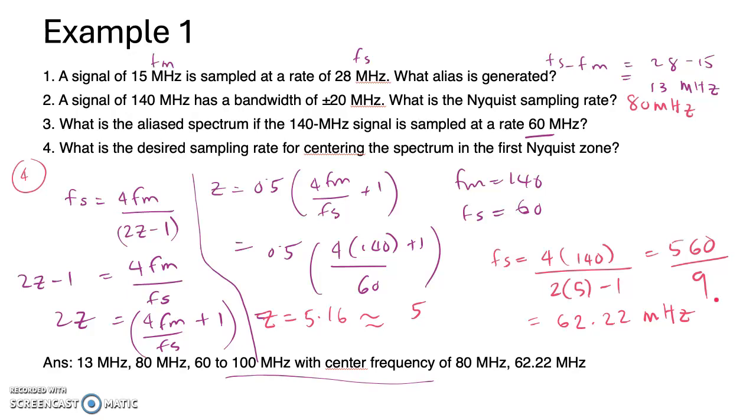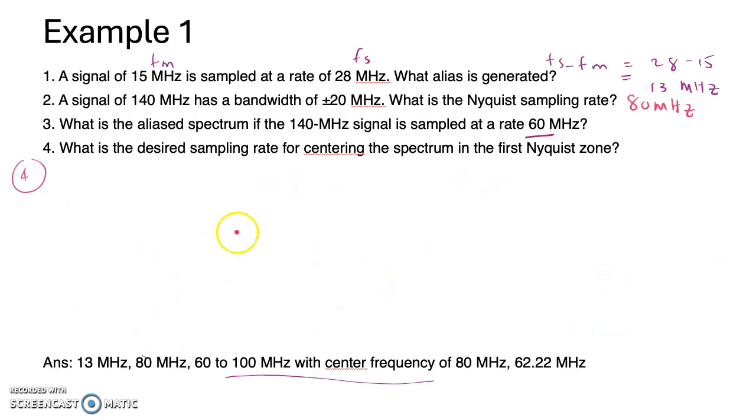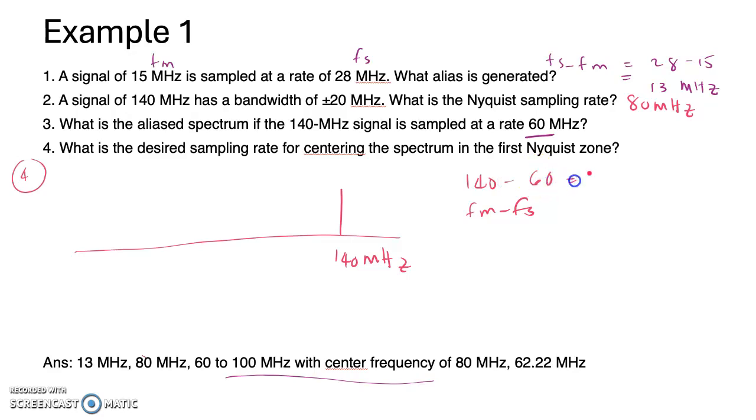Now I have not answered number 3. I don't know why I keep on skipping number 3. Let's do number 3 now. Let me duplicate this. What is the alias spectrum if the 140 megahertz signal is sampled at a rate of 60? So we have our 140 megahertz. 140 minus Fs, which is 60, I would get 80 megahertz.